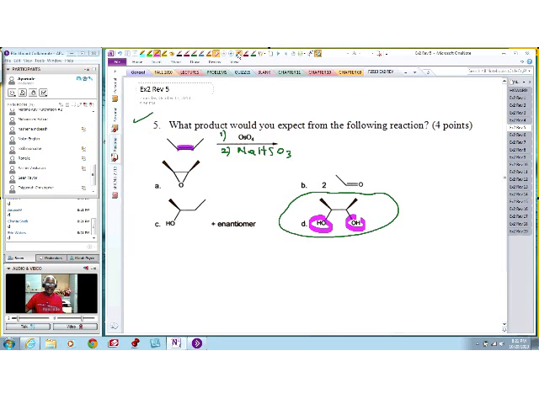So therefore, we say this is a syn addition reagent. Is that clear to all of you? Okay, no question. Very good. Let's go to the next one.